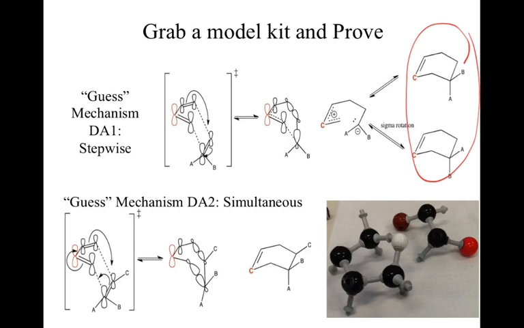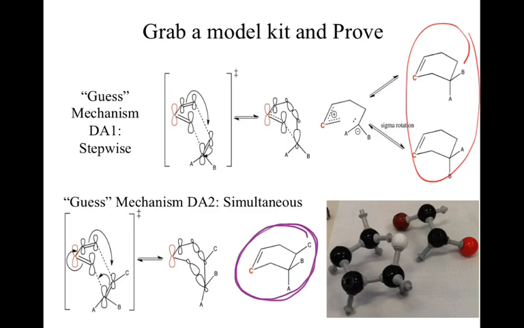So that's a big result of the DA1 mechanism. If we move to the DA2 mechanism, since it's all happening at the same time, we only end up with one product.